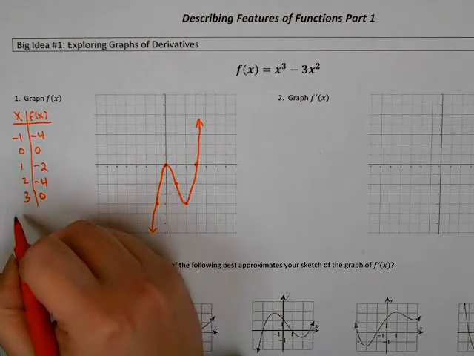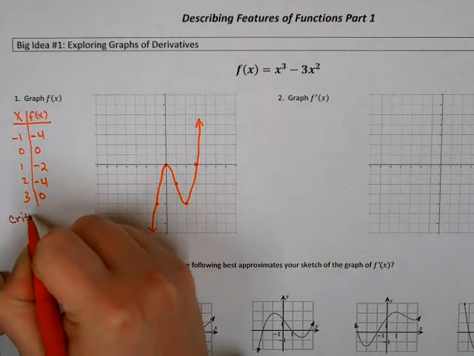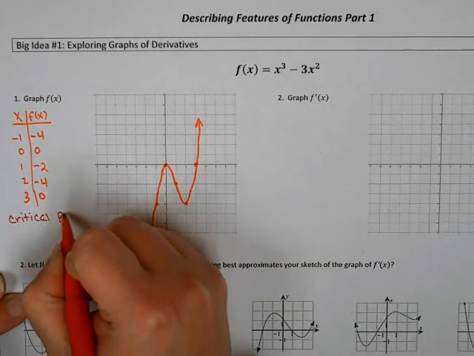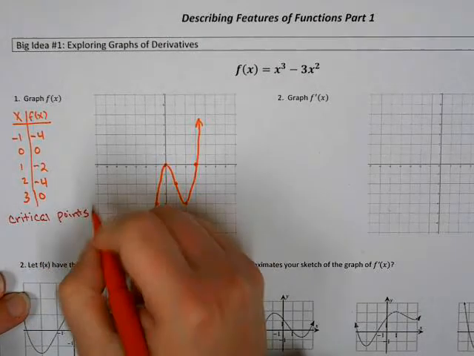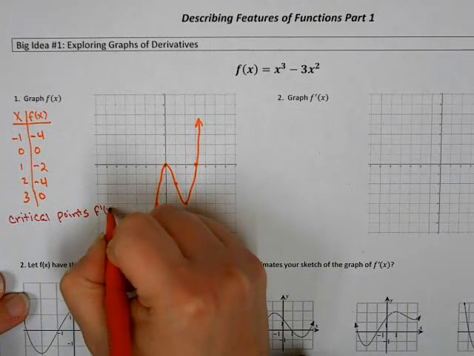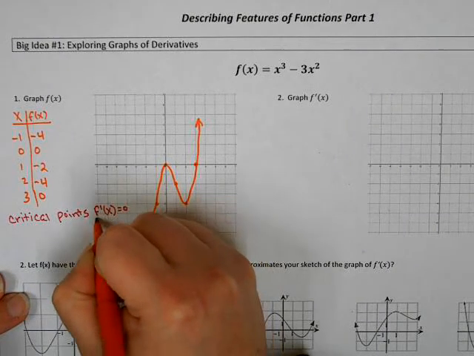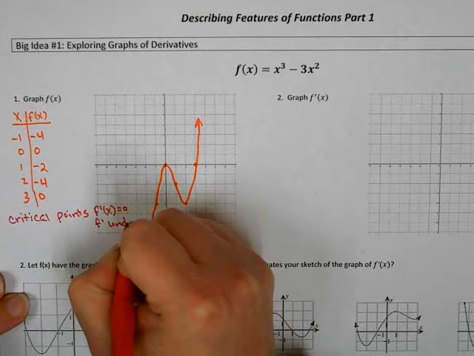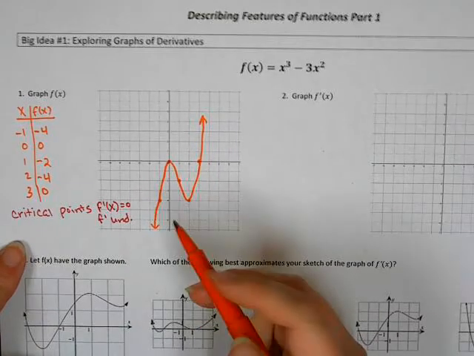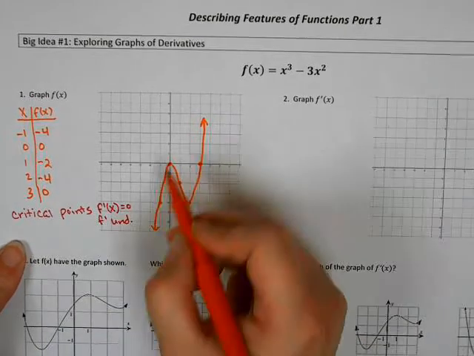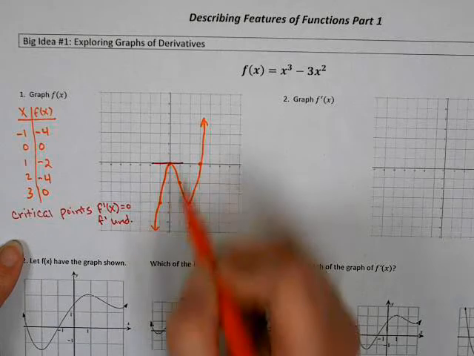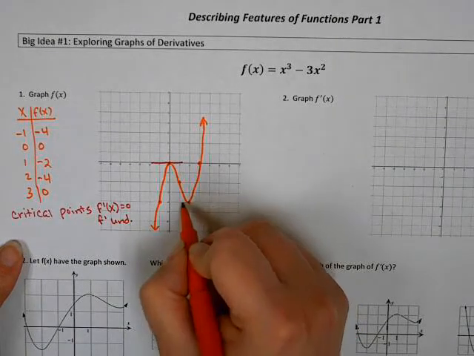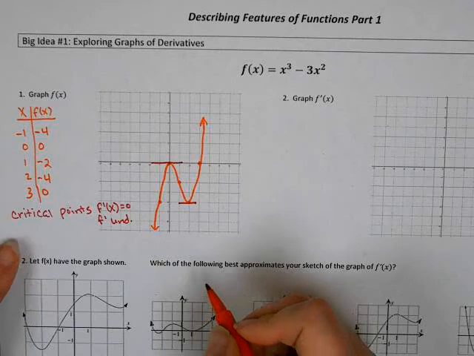So the critical values or critical points, we know that those occur when f prime of x equals 0 or when f prime is undefined. All right, so if I look at my graph here, I can see that I have a horizontal tangent at 0 and I have a horizontal tangent at 2.